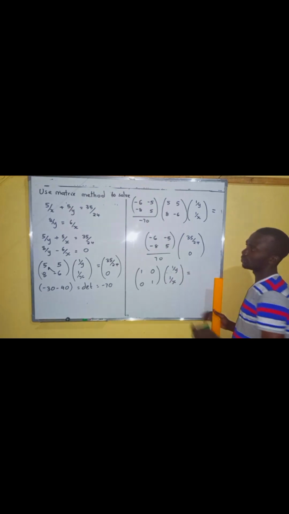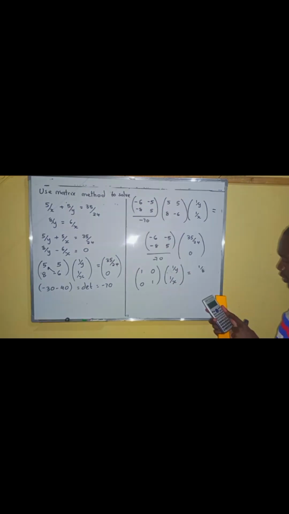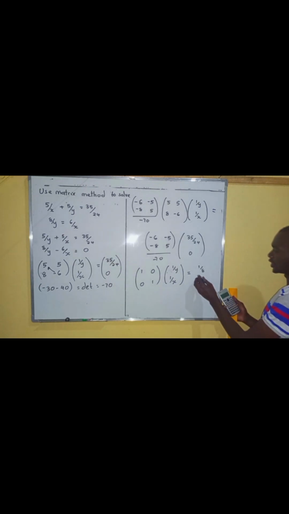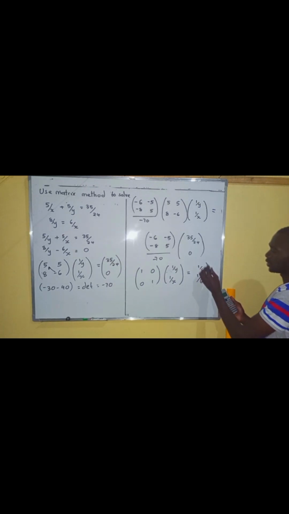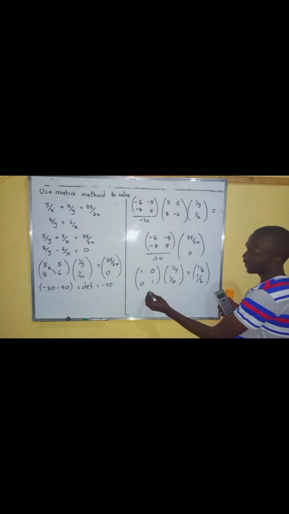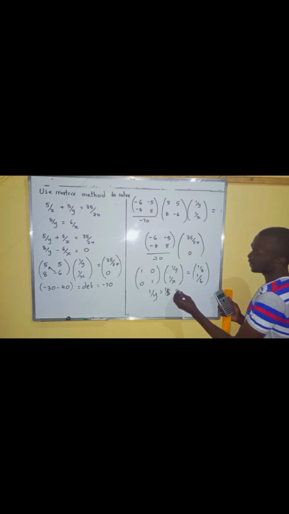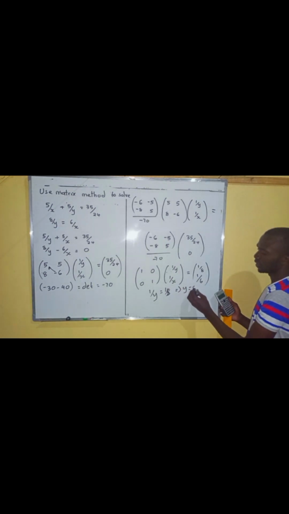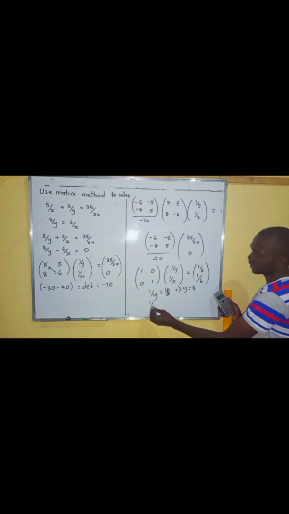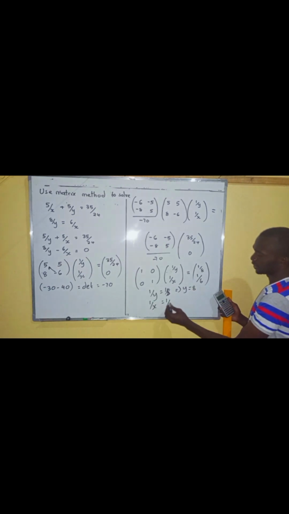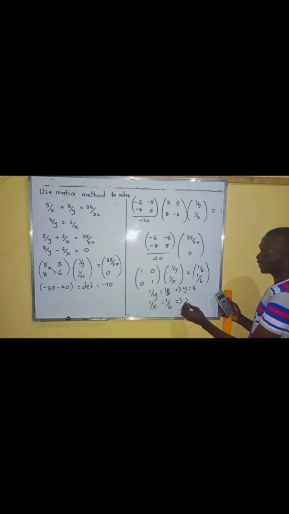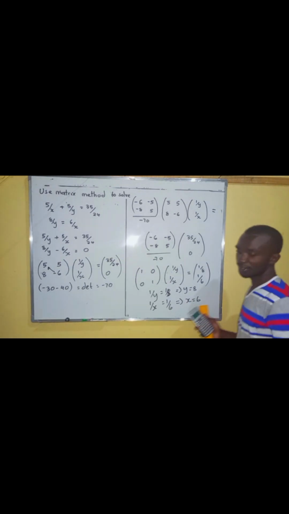This is equivalent to 1 over 8 and 1 over 6. So 1 over y is equal to 1 over 8, which means that y is equal to 8. Then 1 over x is equal to 1 over 6, which implies that x is equal to 6. Thank you.